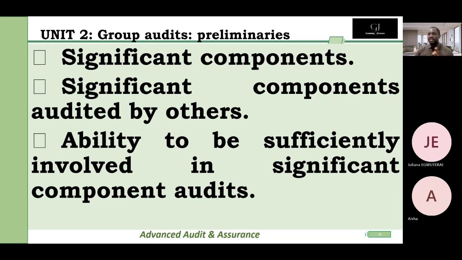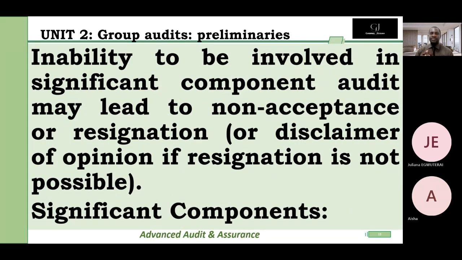So for the significant components, we need to get sufficient, appropriate evidence. Significant components also audited by others, we must get sufficient evidence. On the ability to be sufficiently involved in significant component audits by supervising them, we must get appropriate, sufficient evidence for that too. Take note. Inability to be involved in significant component audits may lead to non-acceptance or resignation of the group auditor.